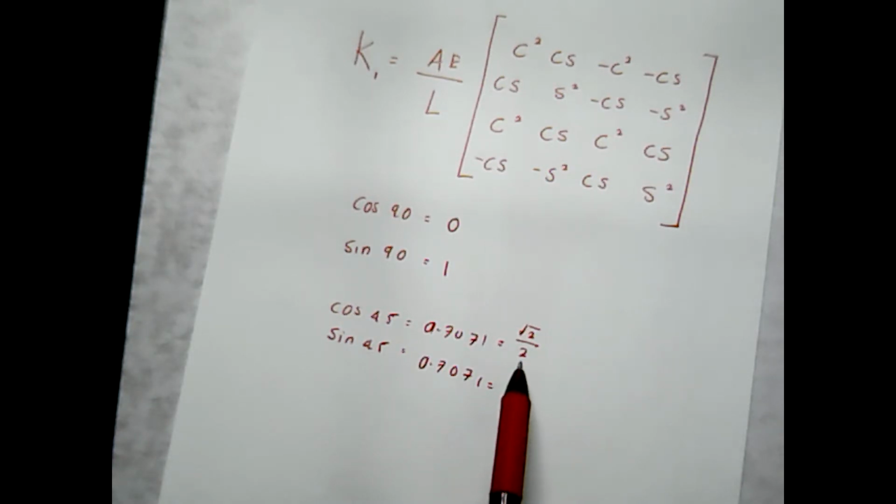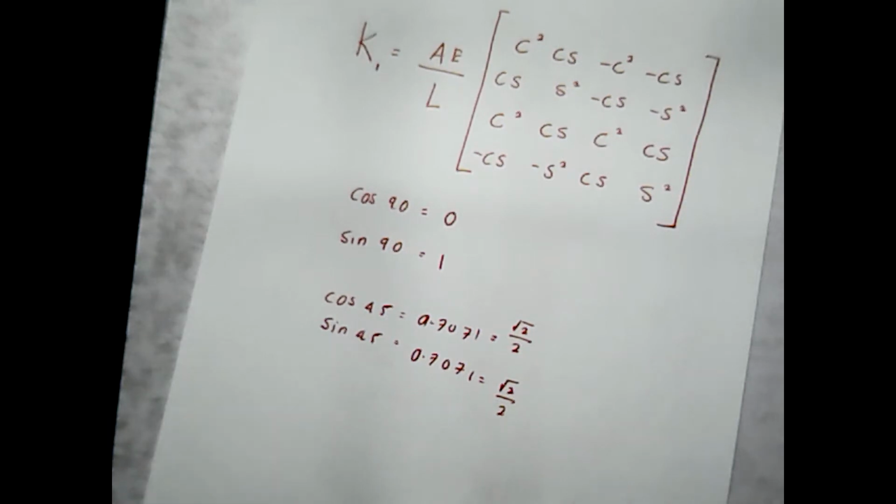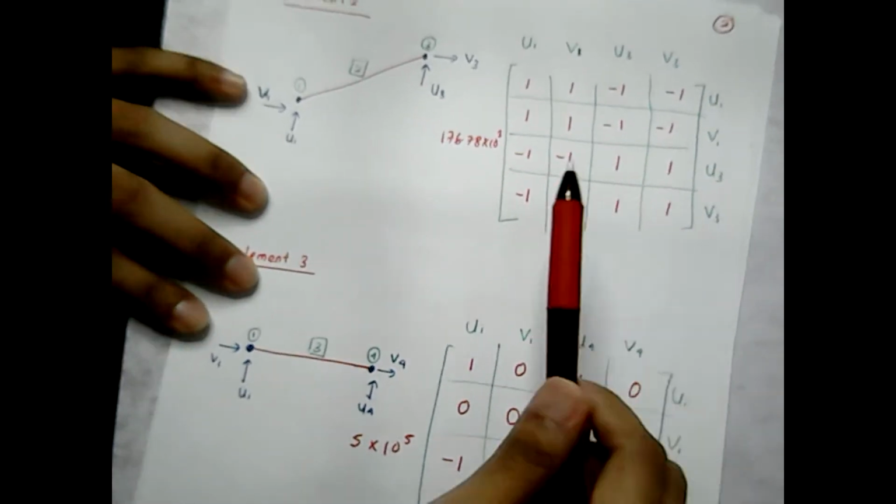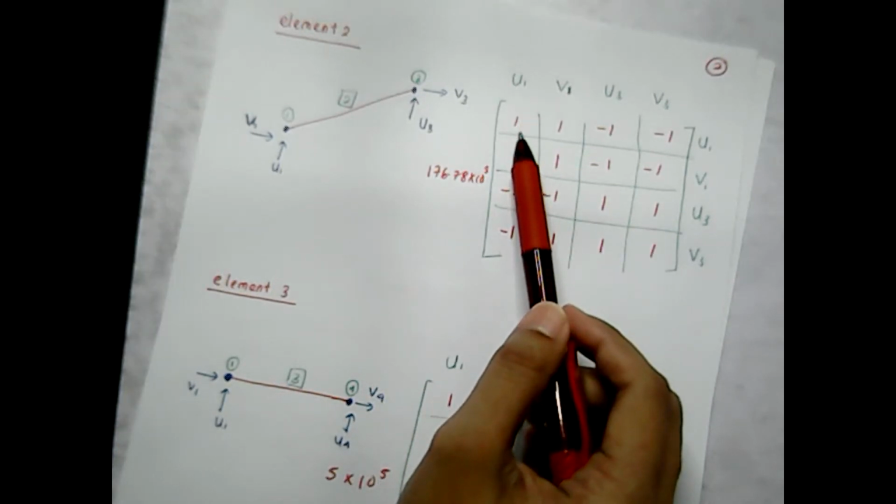Why, if you look at the examples, does it give you square root 2 over 2? Because it wants the elements inside the matrix to equal 1.